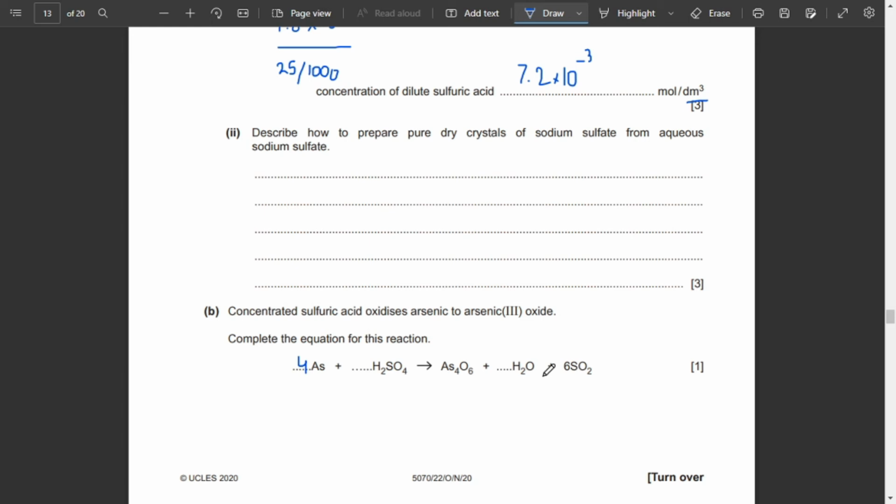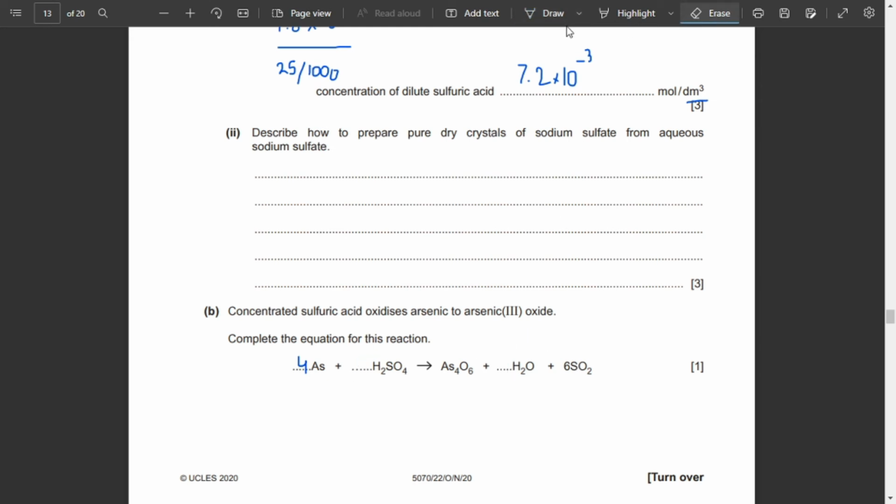We have H2O, so let's balance it in such a way. If we put 4 over here, it is going to be 4H2, 4, alright, it's not balanced, so it's not going to be 4.